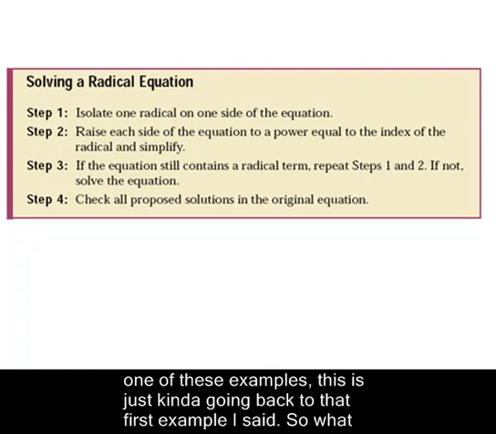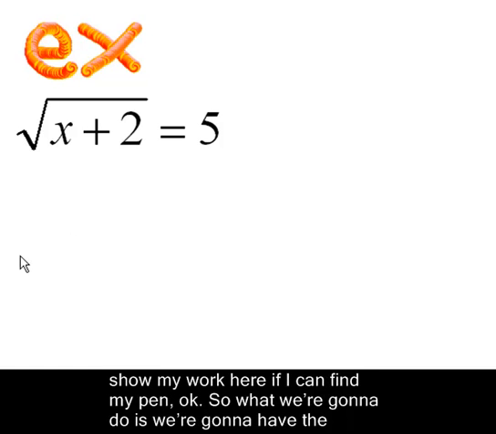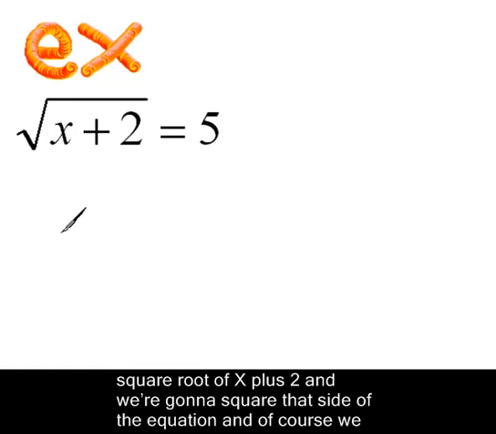Okay, so this is just going back to that first example I said. What we're going to do is square both sides of the equation. So I'm going to show my work here if I can find my pen. We're going to have the square root of x plus 2, and we're going to square that side of the equation.